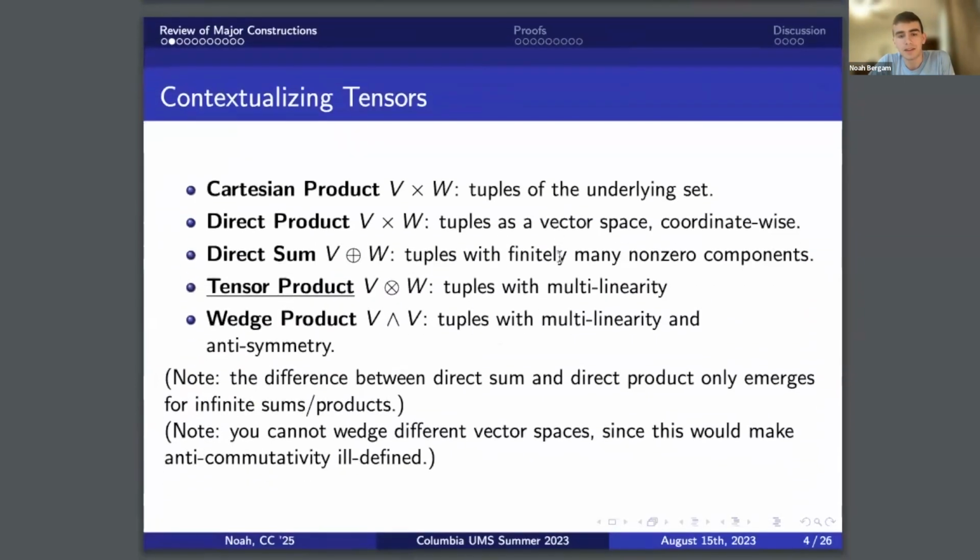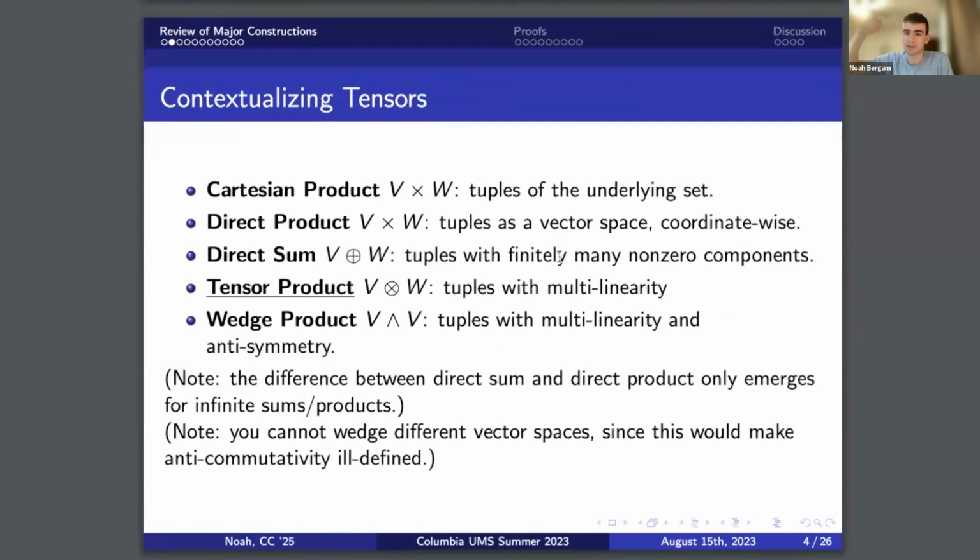I thought it was nice to think of tensors in the larger scheme of where they fall in the kind of compositions that we've been creating. So the first composition to think about is a Cartesian product, which is just considering tuples of the underlying set without any algebraic structure. And then you look at the direct product between vector spaces, where suddenly the tuples work as vector spaces and you're doing things coordinate-wise.